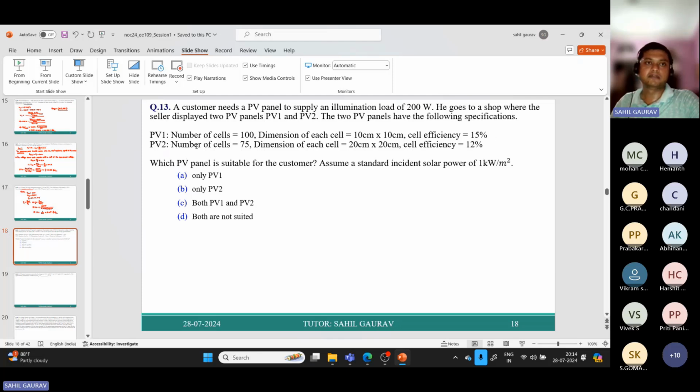PV2 has 75 cells, the dimension of each cell is 20 centimeter into 20 centimeter, and cell efficiency is 12%. Which PV panel is suitable for the customer, assuming a standard incident solar power of 1 kilowatt per meter square? Four options are given and a single option is correct.